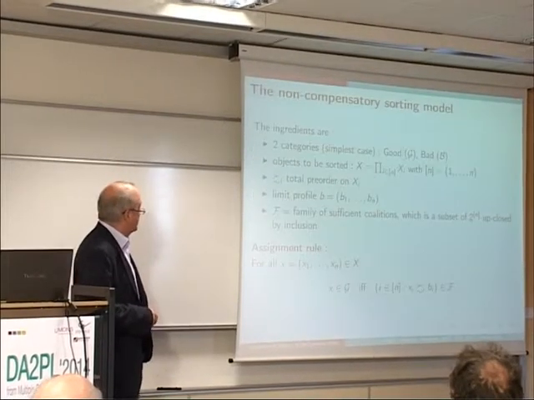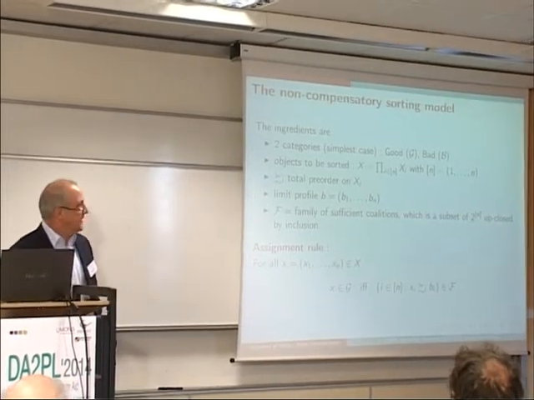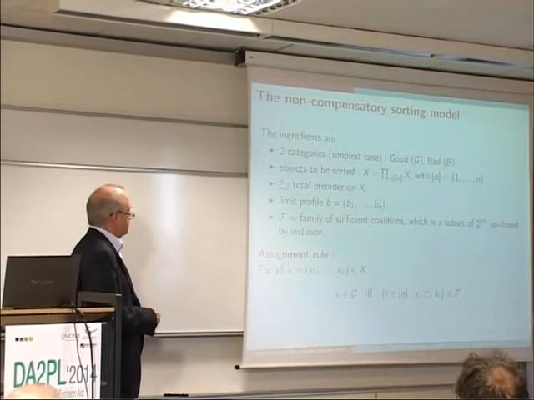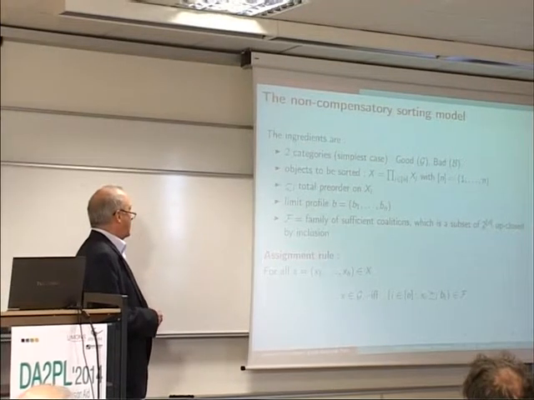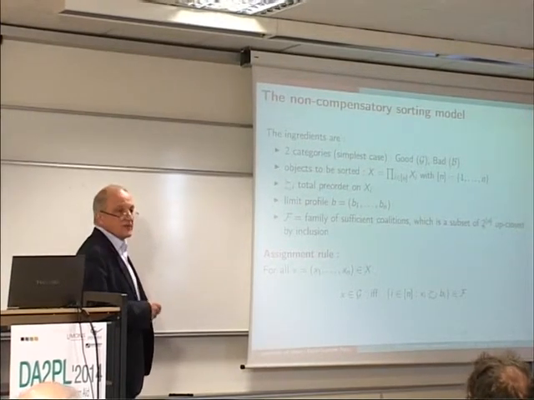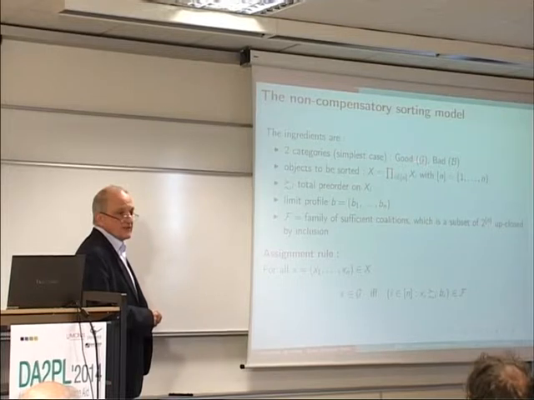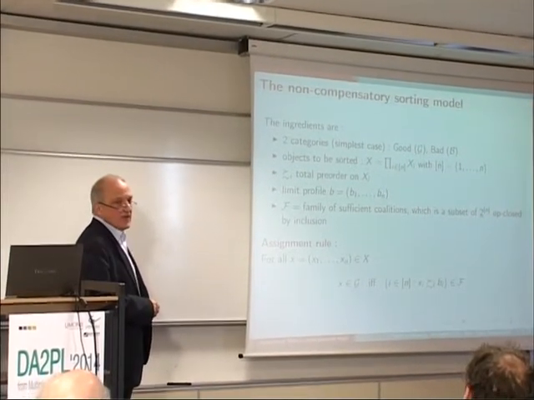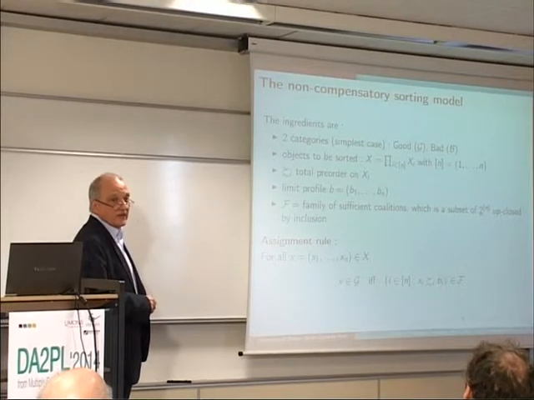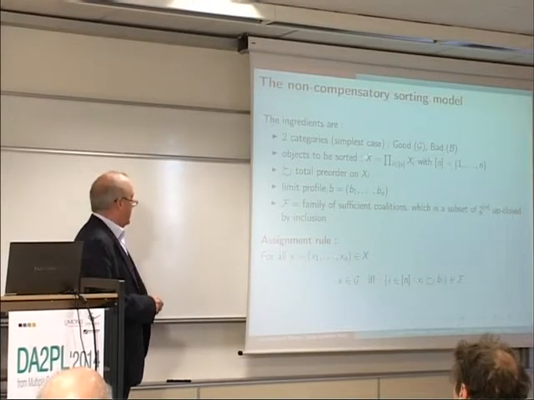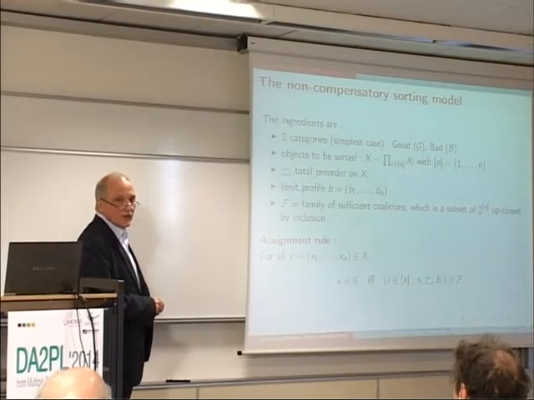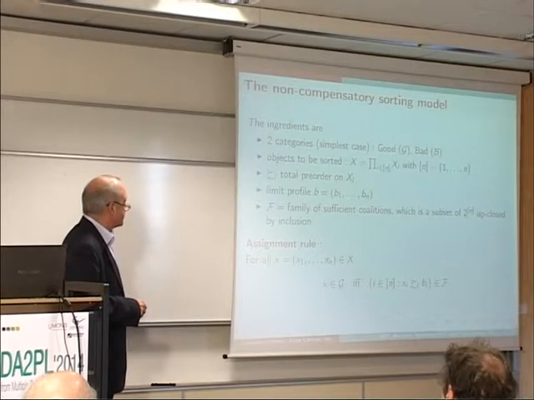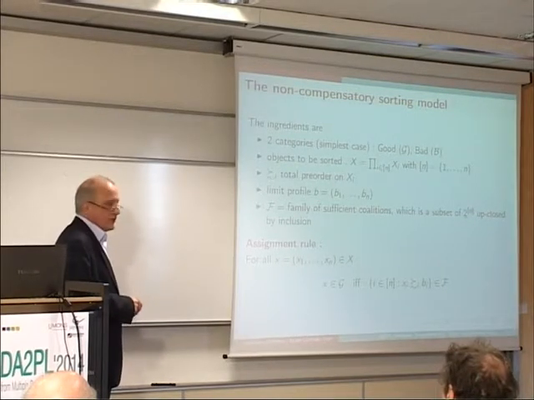So to be a little bit more precise, the ingredients of such a model are the following. You have, in the simplest case, only two categories, let's say the good and the bad. The objects to be sorted are described as performance vectors which belong to a Cartesian product of attribute or criteria scales, which are ordered.